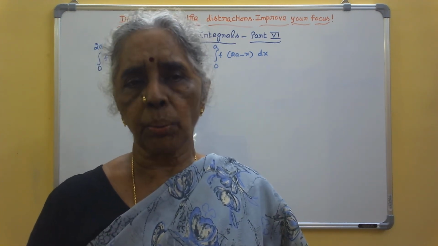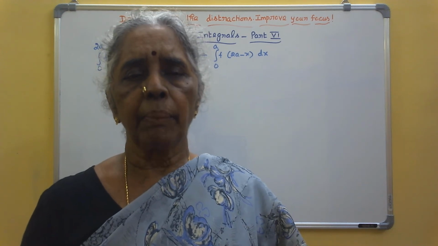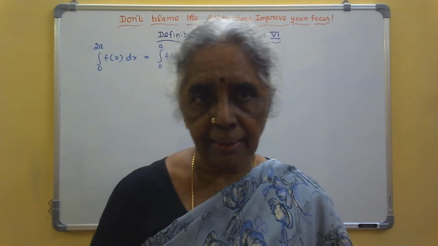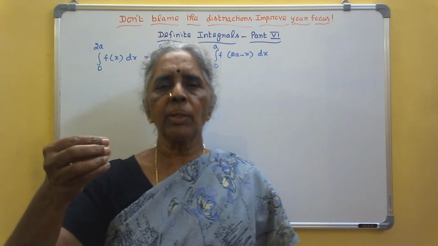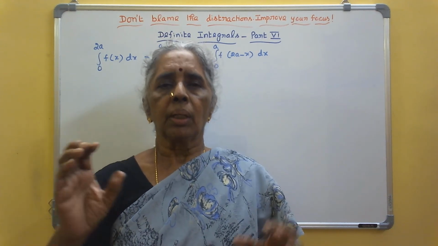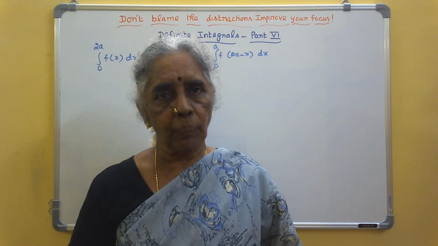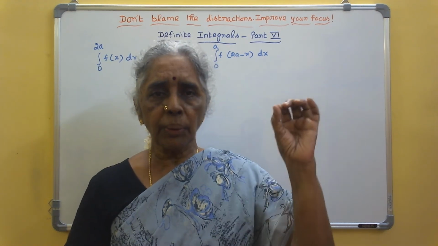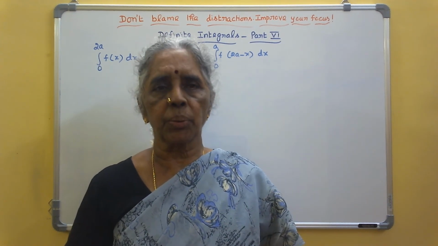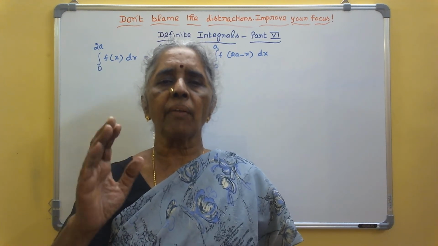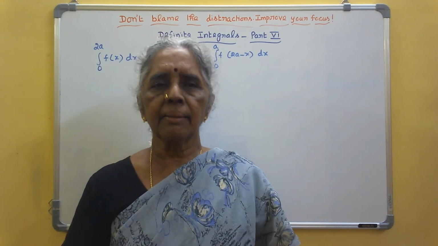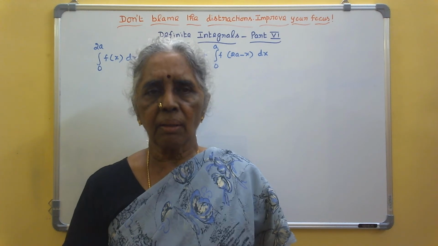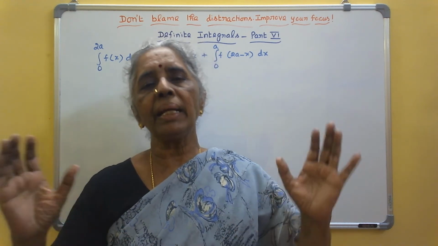So now actually we have seen many properties of definite integrals. Just let me give you a quick recap of the important things we learned so far. That is integral 0 to a f of x dx will be equal to integral 0 to a f of a minus x dx. This is the property which we use in many sums.